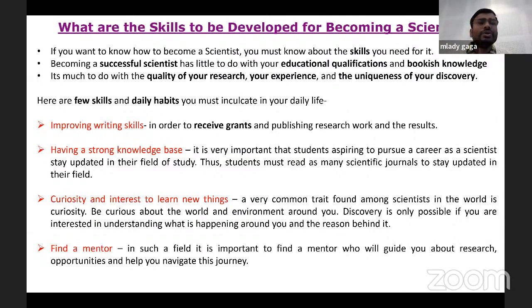And you should always try to think something new, outside the box. These are a few skills and daily habits you must include in your life to improve your scientific caliber and your capacity for scientific achievement. As I said, the documentation of your work is very, very important.